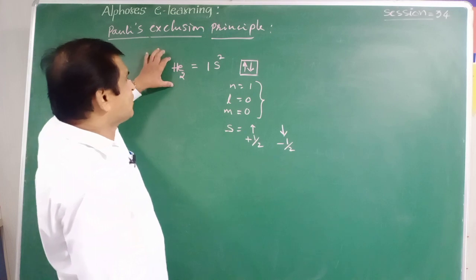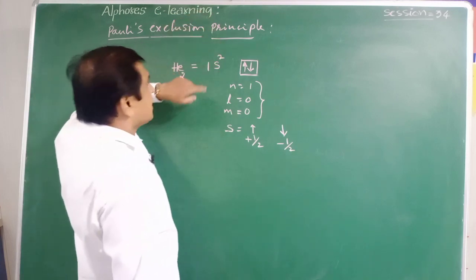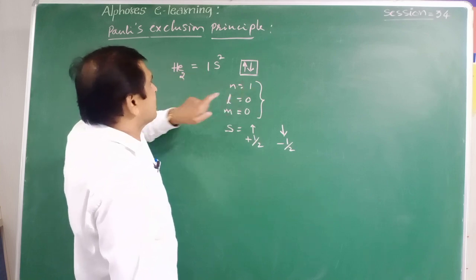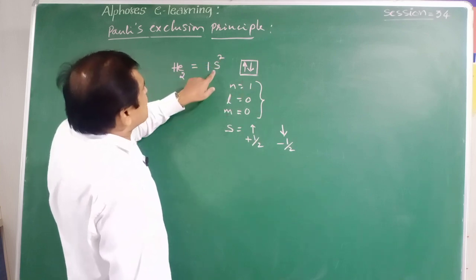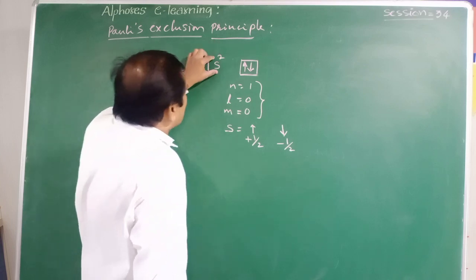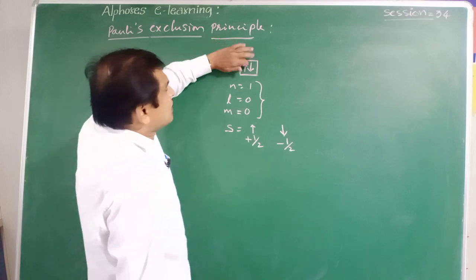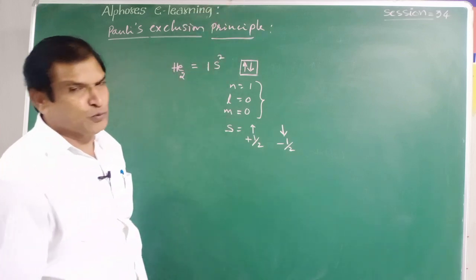The 2 electrons of helium belong to the s subshell. Therefore for these 2 electrons the principal quantum number value is 1, the azimuthal quantum number value is 0, and the magnetic quantum number value is also 0. They differ in spin quantum number values.